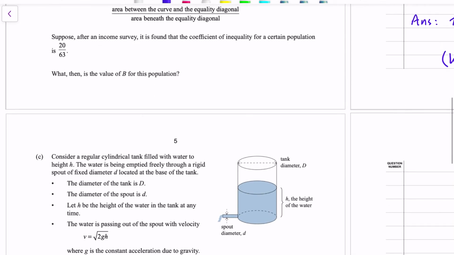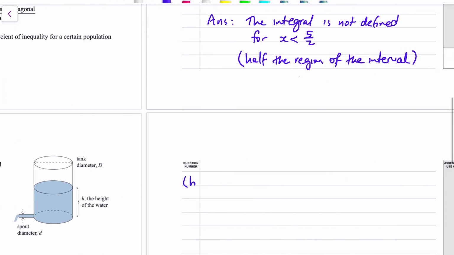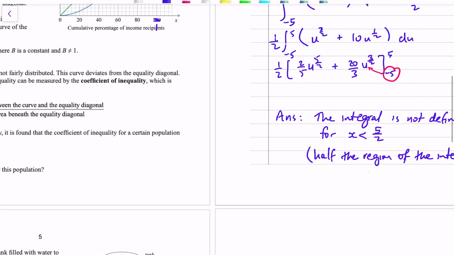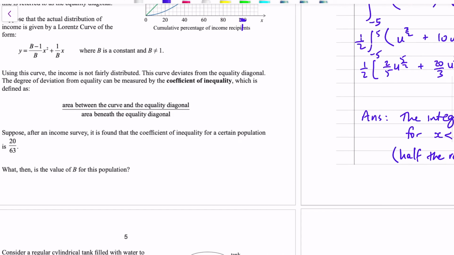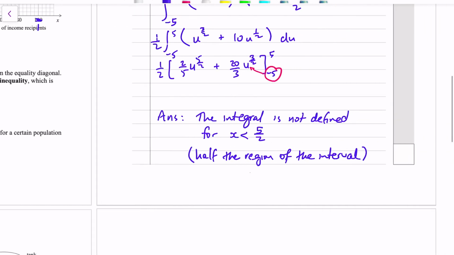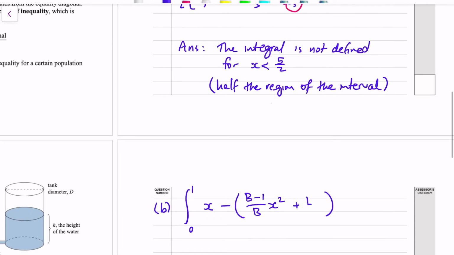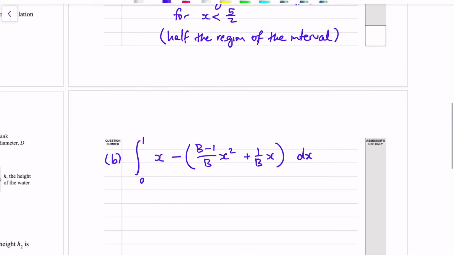So we're integrating between 0 and 1 the top function, x, minus the bottom function, which is the parabola, b minus 1 over b all times x squared plus 1 over b x. That's the area between.